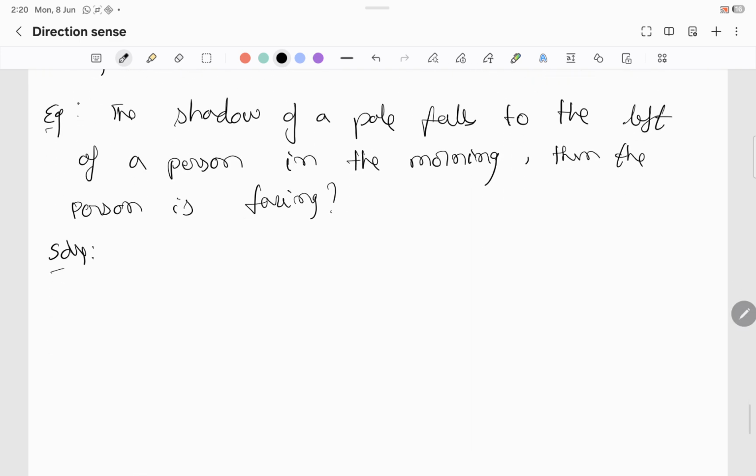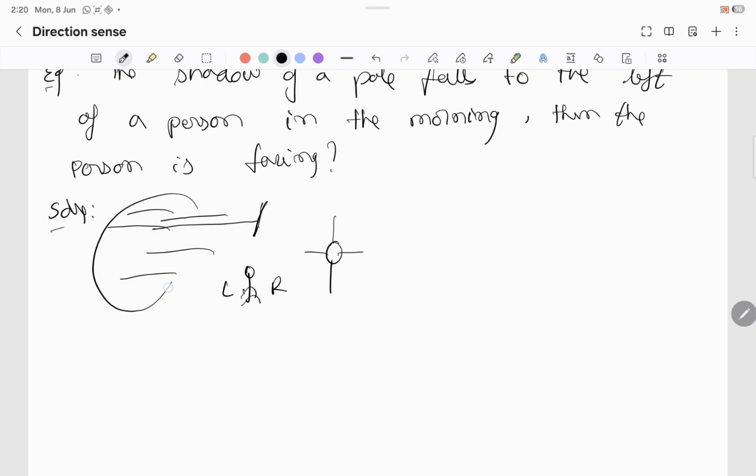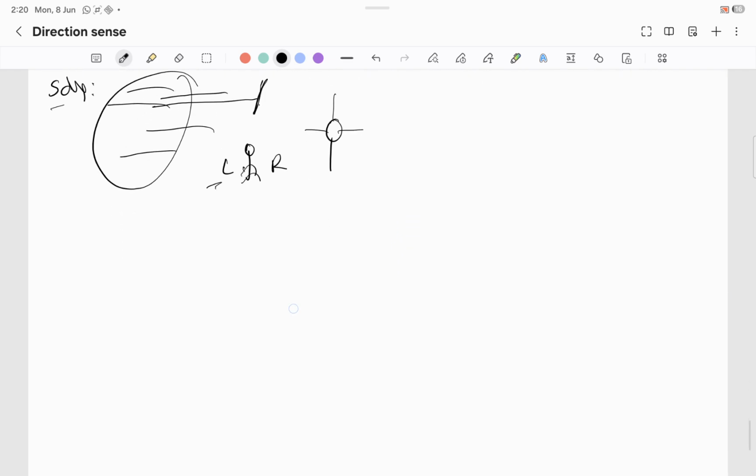So the person should be facing north. Our left and right will be this. If the sun is here in the morning, everyone's shadow will fall to this side. Also if there is a pole here, the shadow of the pole will fall to this side. So this side is the left side of the person. Then the person is facing north.